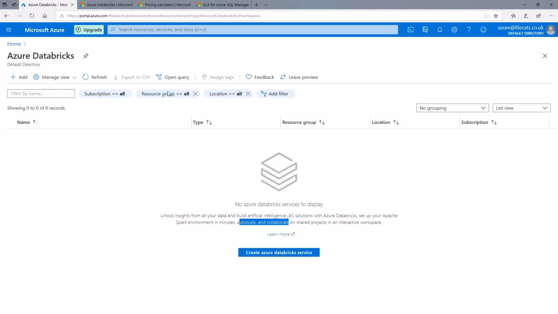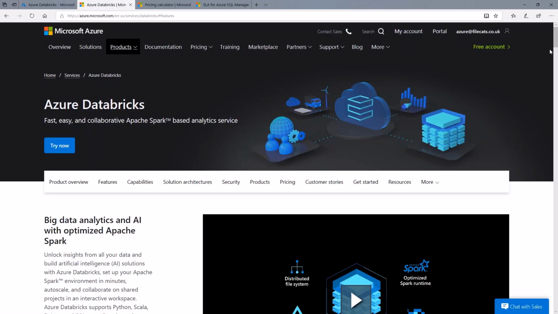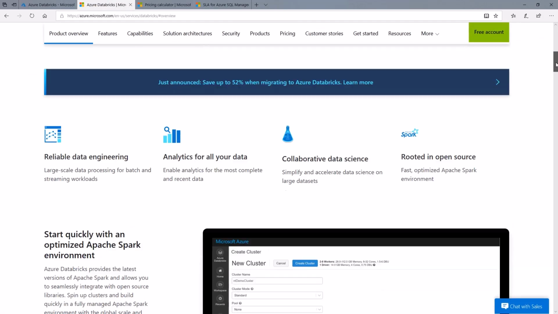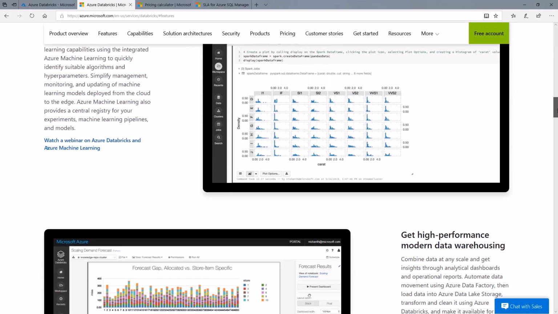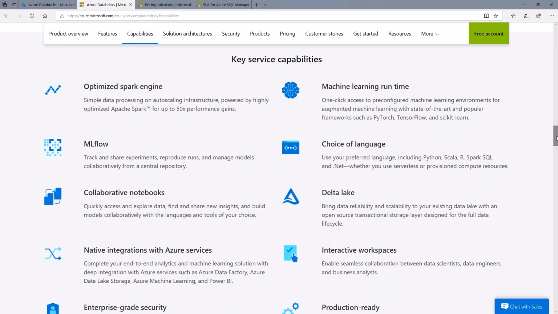It also supports exploration and data visualization. And it can also be used for ingesting, so in other words, getting the data in the first place. It supports R, Python, Scala, Java, and SQL, among others, and integrates with other parts of Microsoft Azure.